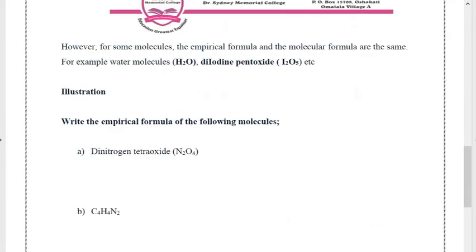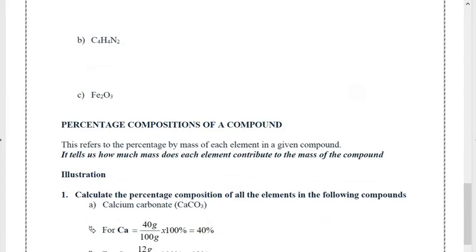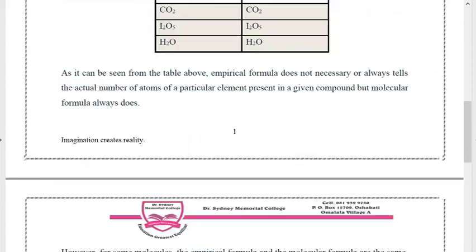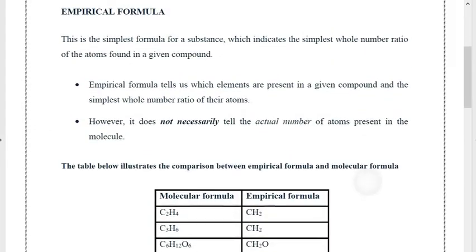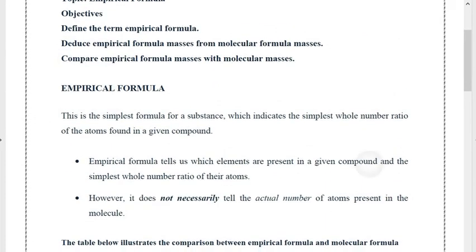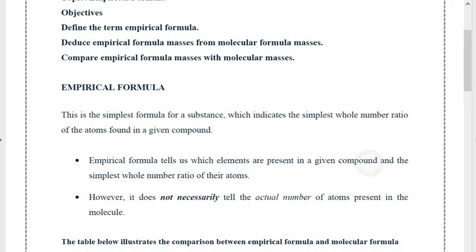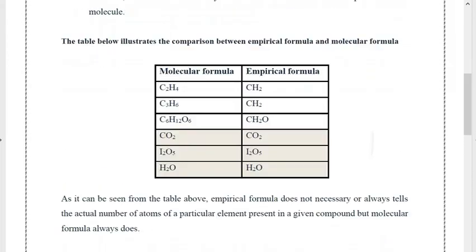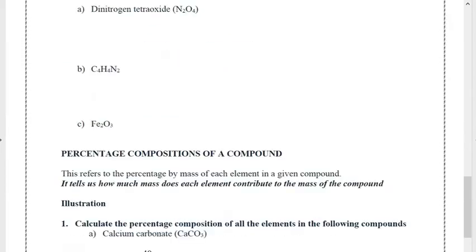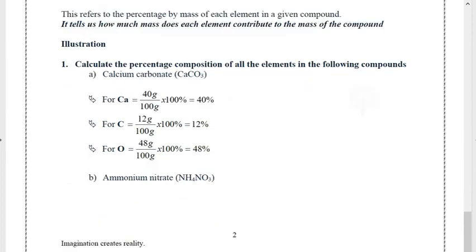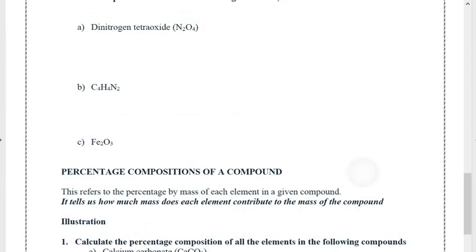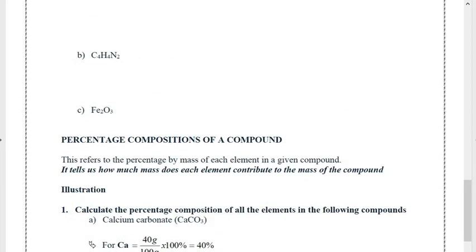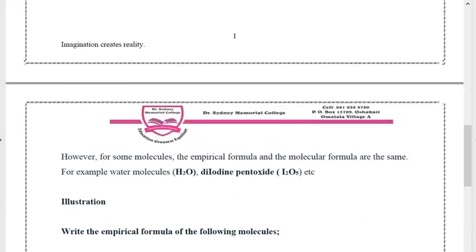I then ended up adding a part about percentage composition of a compound. You'll find that in your Living Chemistry or, what's the other one, Solid Foundations. They didn't add this information at this level, but it is critical that we know the percentage composition of a compound, right?